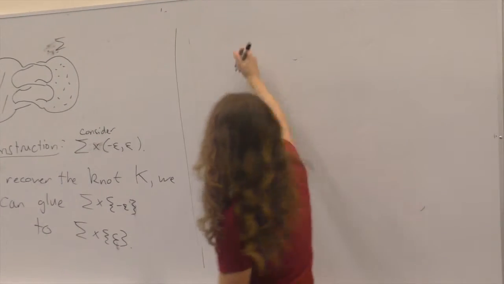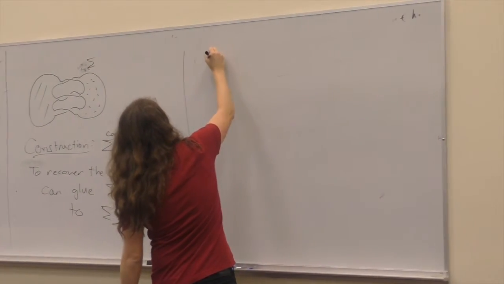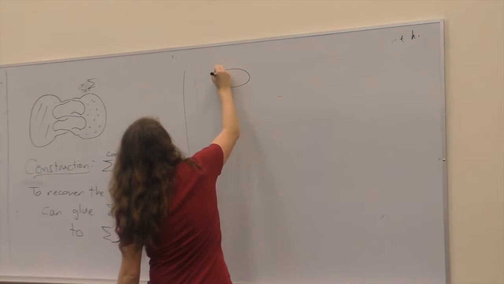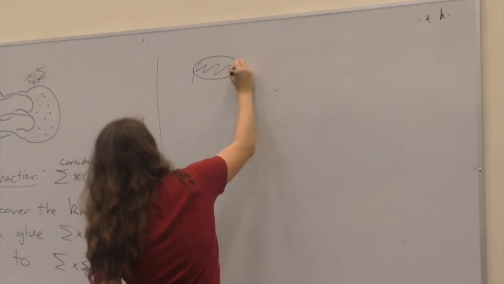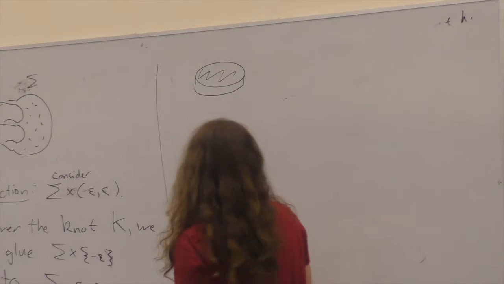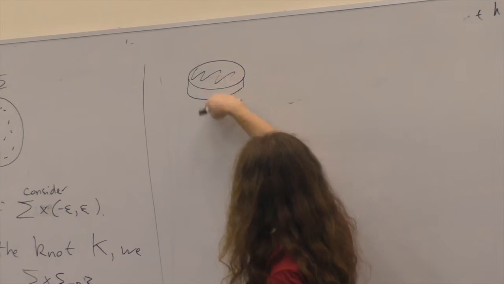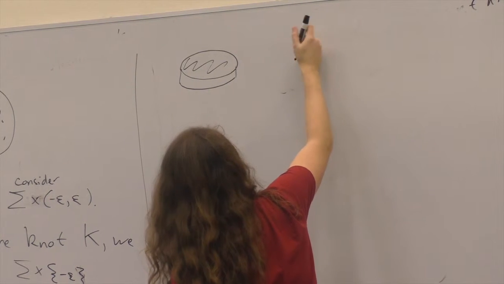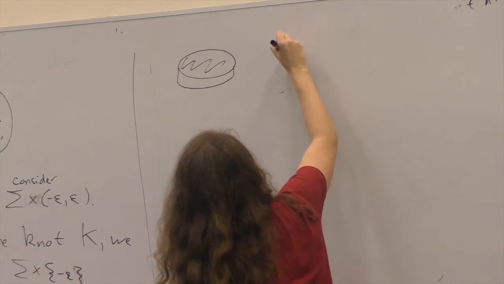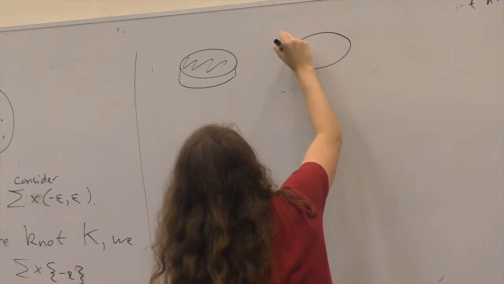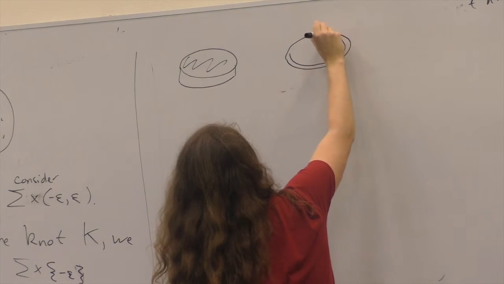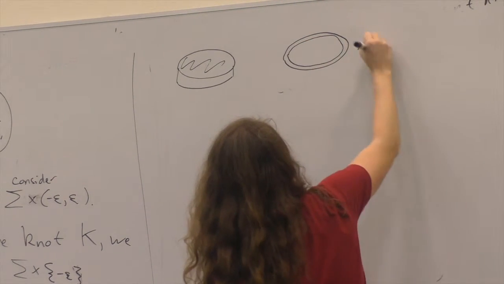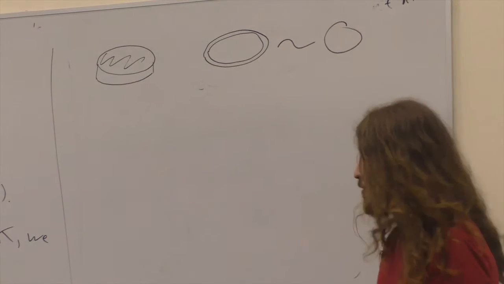So maybe I'll draw our trefoil example. So we thicken it. If you glue the top to the bottom, what you're left with is a ribbon with, well, think of it as a tube with a slit in it. Which is going to be homotopy equivalent to your original knot.